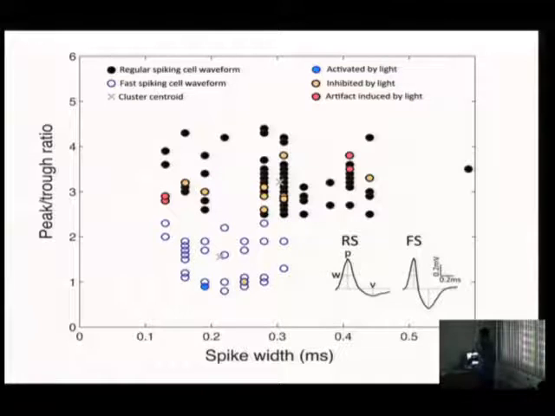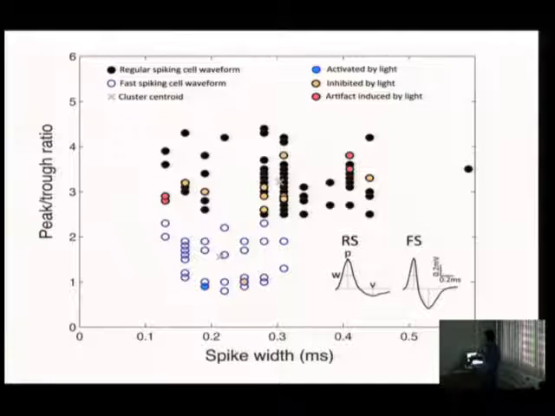And then also I could sort the putative fast spike cells by the waveform shape and regular spike cells. This is important to do because, for example, you can see here this blue one that is a putative fast spike is the one that was activated by light, so should be fast spike.